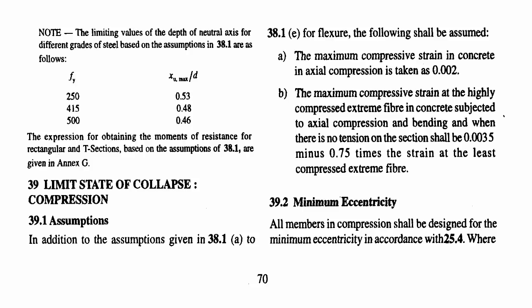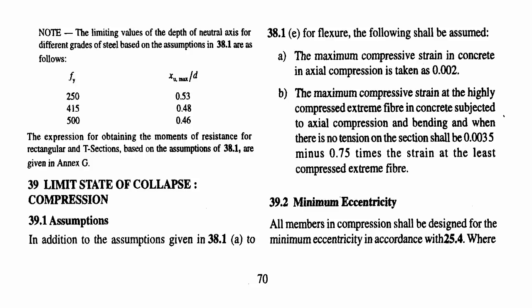First, the assumptions. For the analysis and design, you have to make some assumptions. What assumption does it say? Read that. In addition to the assumptions given in 38.1a to 38.1d for flexure, the following shall be assumed.